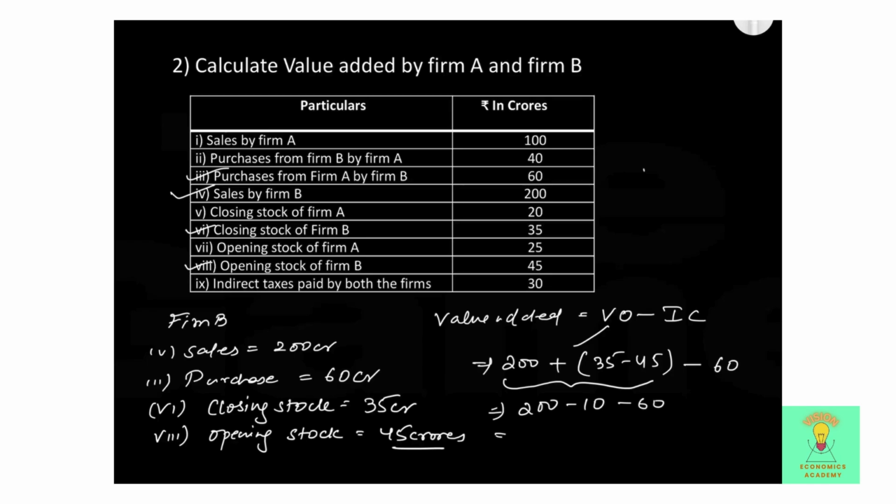So 200 minus 10 is 190 minus 60, which will give us 130 crores. So therefore value added by firm B is worth rupees 130 crores.